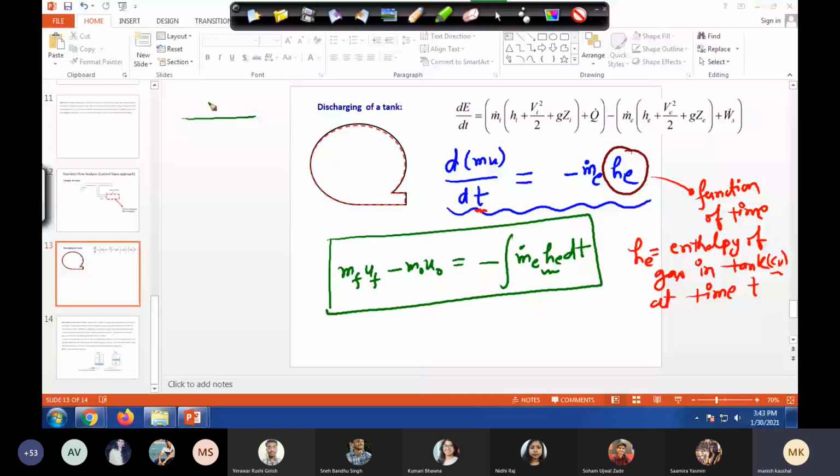Say this operation goes from 0 to 1 hour, and at each minute I give you 60 points, and I tell you the H. So I tell you HE at different times: 0, then 1 minute, then 60 seconds, 120 seconds, and so on. So how will you solve this problem?